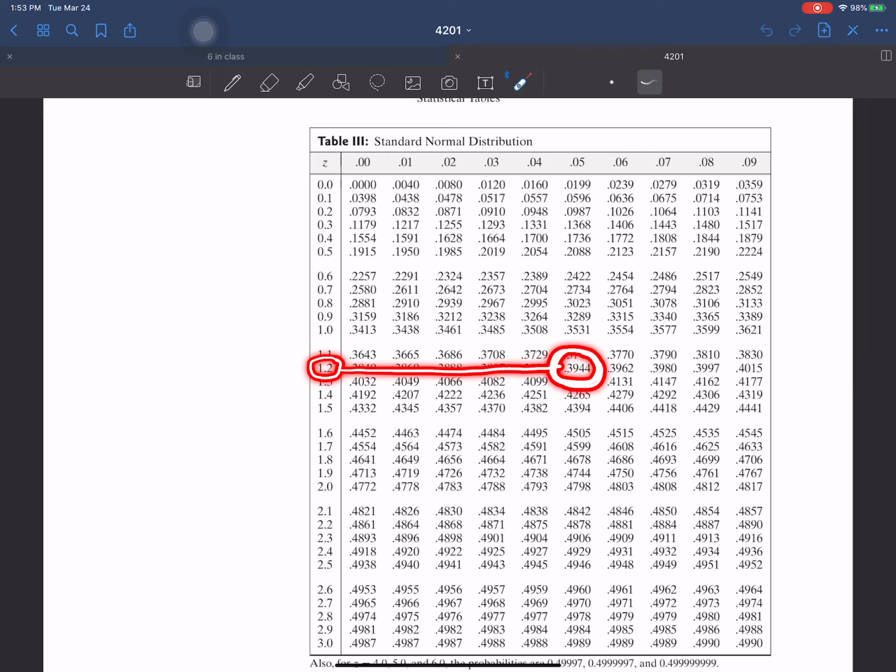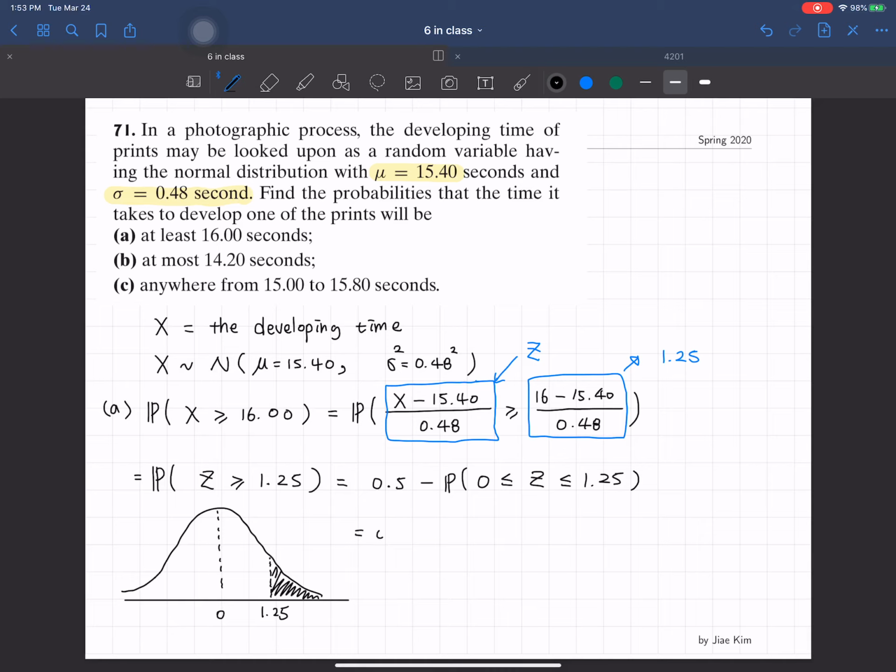This probability is 0.3944. Going back to the original slide, this is 0.5 minus 0.3944, which is 0.1056.